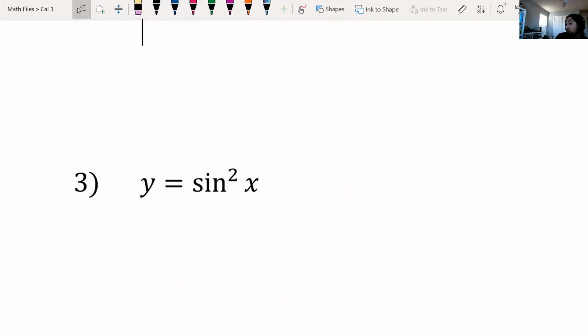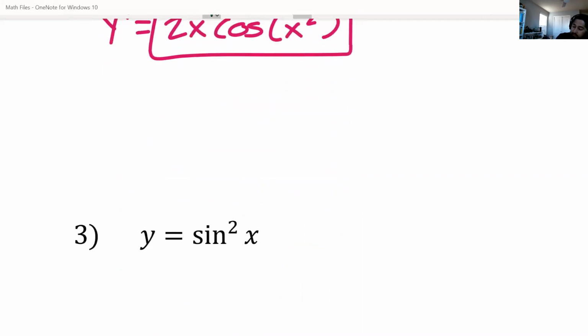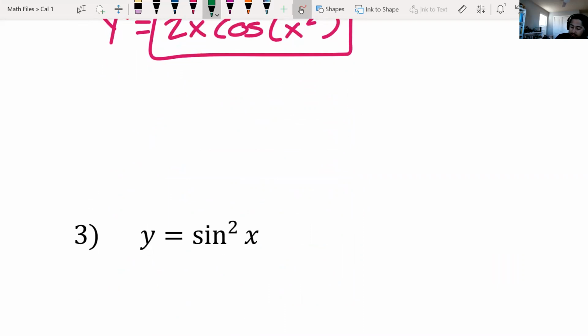All right, 3. y equals sine squared of x. Now, to properly take the derivative of this, I'm going to rewrite it exponentially. So sine squared x is going to be rewritten as sine of x raised to the second power. And rewriting it this way, it's easier to see how the chain rule works on it.